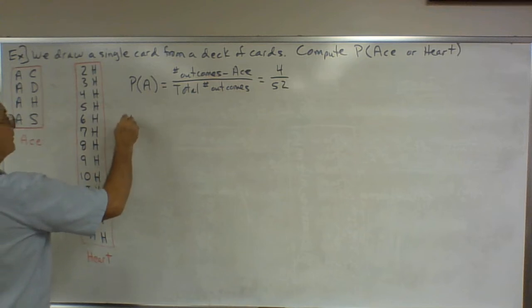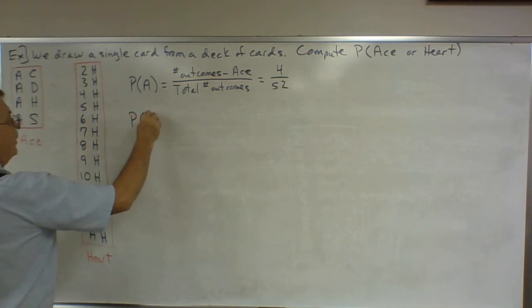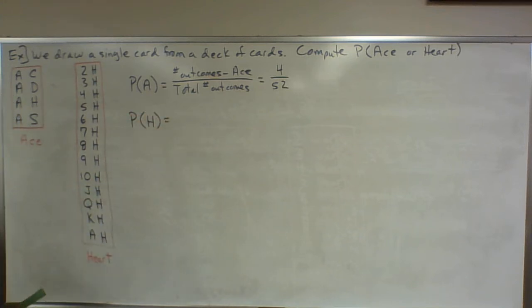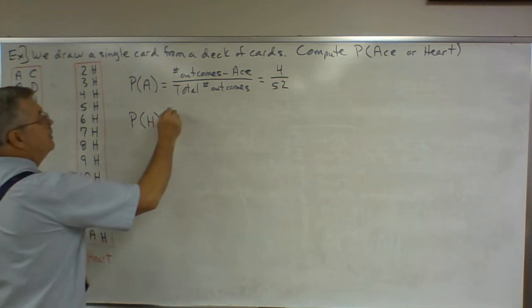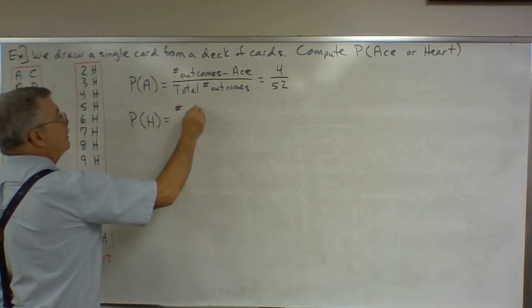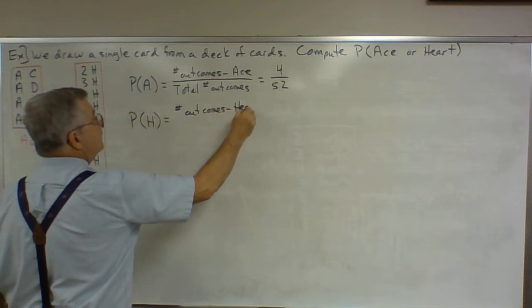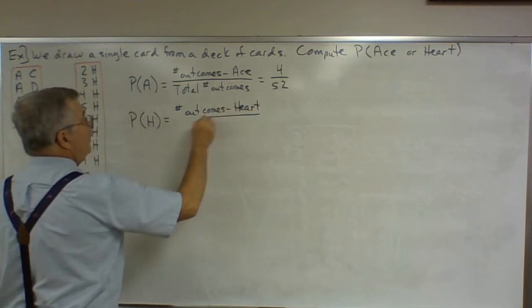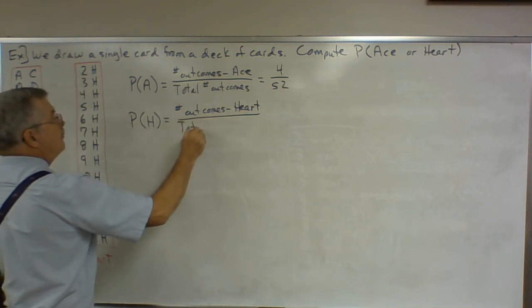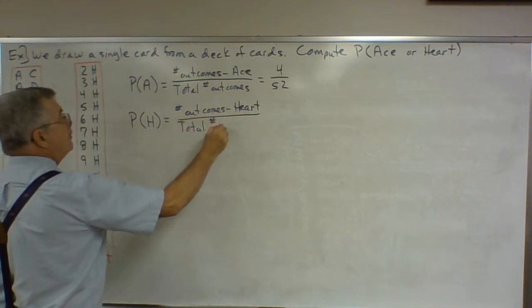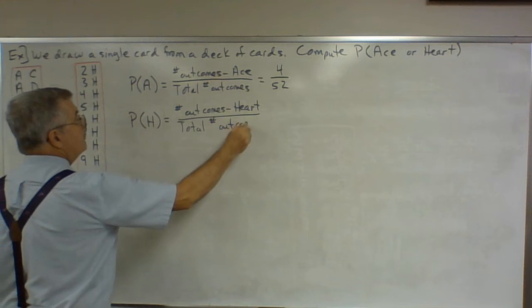Probability of a heart. That's going to be number of outcomes resulting in a heart over total number of possible outcomes.